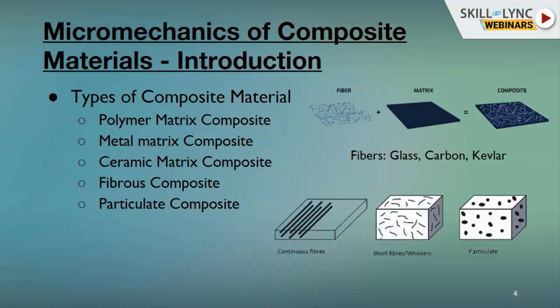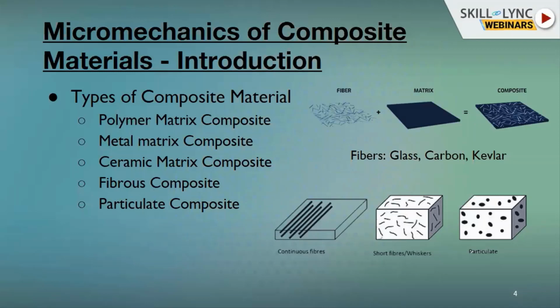These are the basic things that are used in forming a polymer matrix composite. Whereas in metal and ceramic matrix composites, we can find short fibers or particulates as a reinforcement material for the base matrix composite.